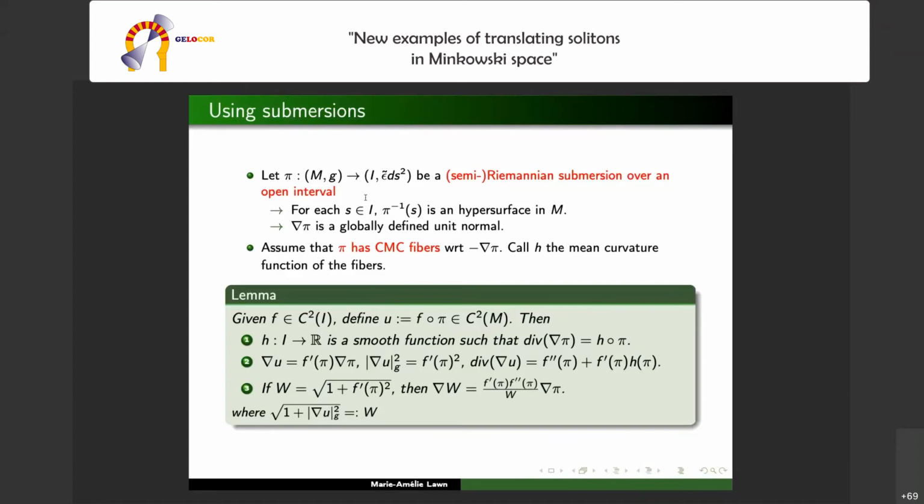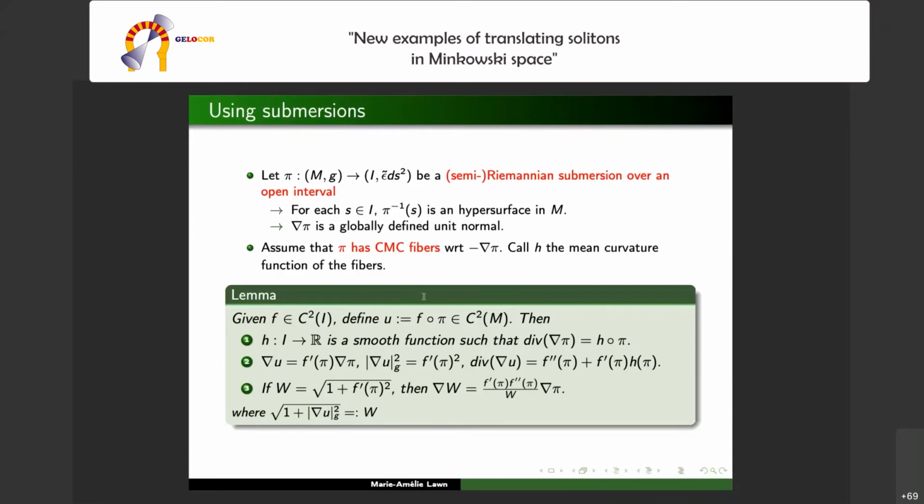This means that the pre-image for any s in the base is a hypersurface in N, and that we have a globally defined unit normal, which is nabla pi, where pi is the projection. In our context here, we're going to assume that this submersion has constant mean curvature fibers. This is important because we want to define a fiber mean curvature function, right?